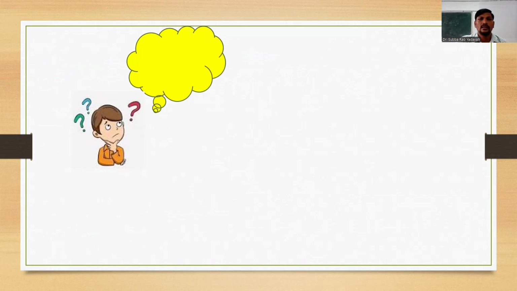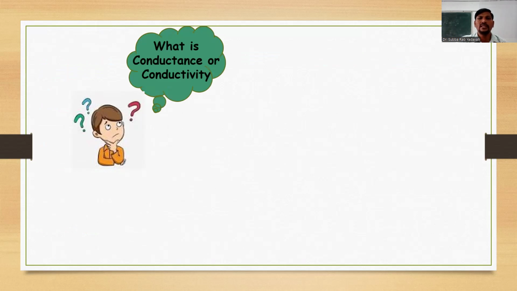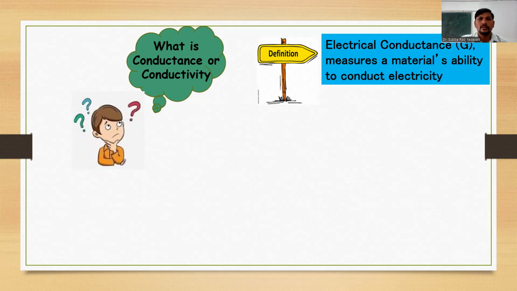Now, what is electric conductance or conductivity? What is the difference between conductance, or conductivity, and the conductor? Electrical conductance measures the material's ability to conduct electricity.